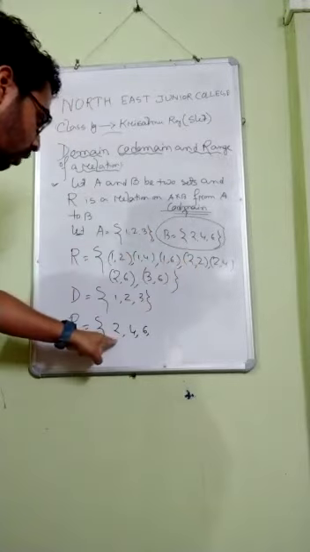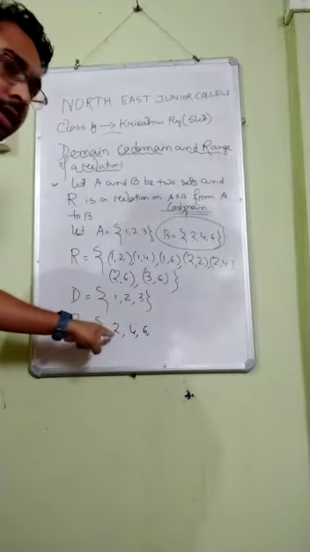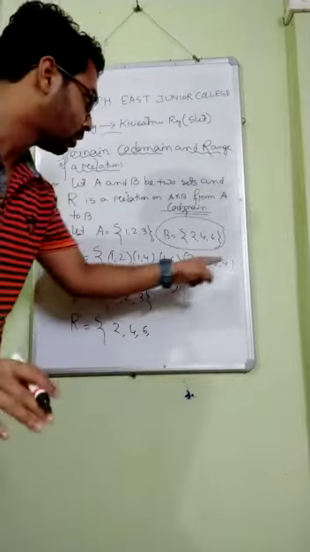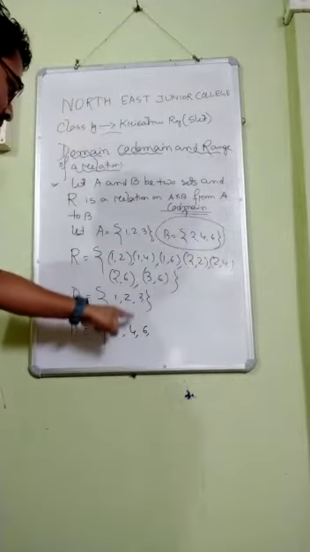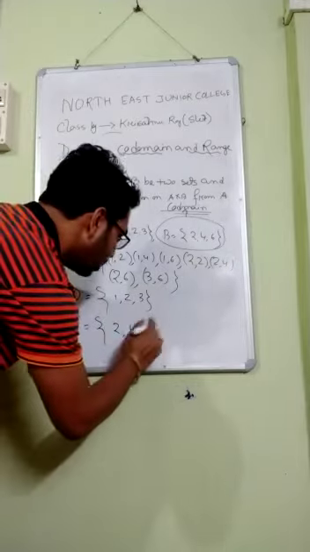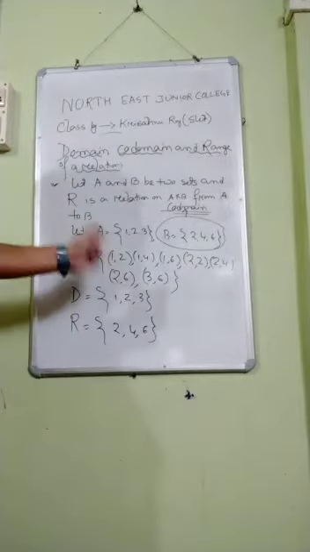Again 2, we have written it here, so no need to write it again. There should be no repetition. 4, 4, 6, 6, 6. So it is your complete range set.